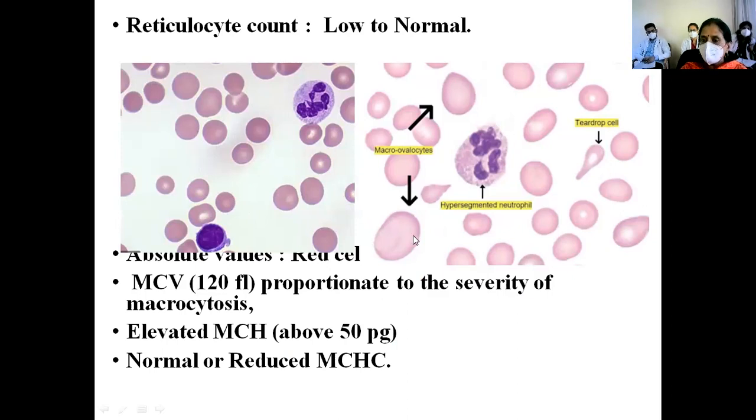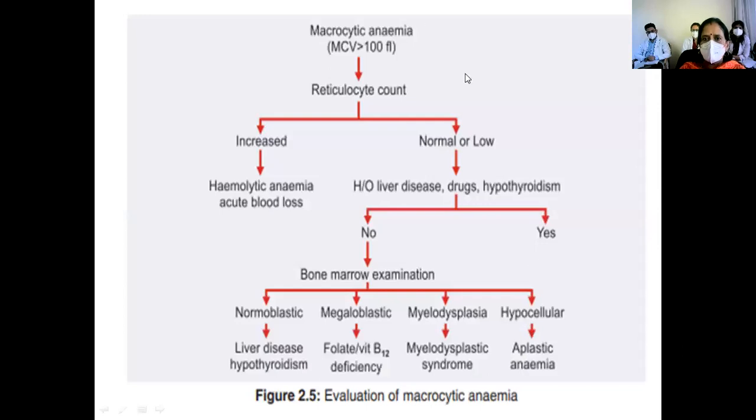So what did we learn in the previous class? We said MCV is more than 100 femtoliters. In these cases, MCH is elevated and MCHC is normal or decreased. So when we look at these oval macrocytes in a peripheral smear, let us do a reticulocyte count.